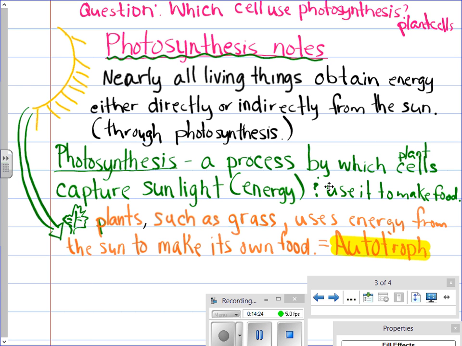That needs to be highlighted because that is the key word. What is an autotroph? Things that make their own food, not just a plant, but anything that makes its own food. Auto means self, like an autobiography, an autograph. It's of the self. So it's a self-making product. You have all of this? What other word up here do you think we should highlight? Photosynthesis, because we provided the definition.